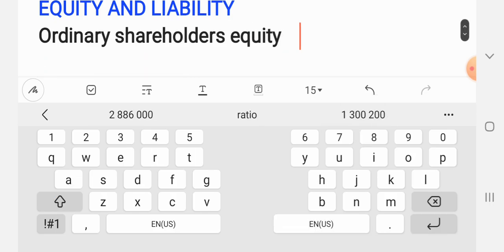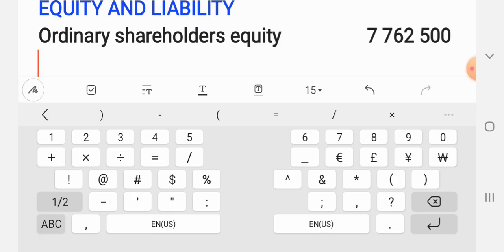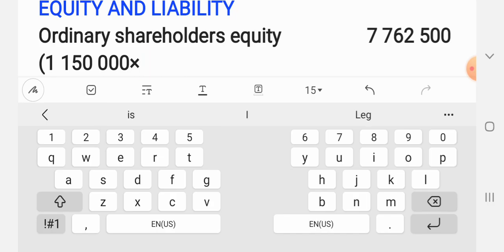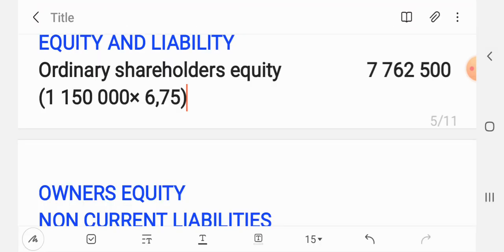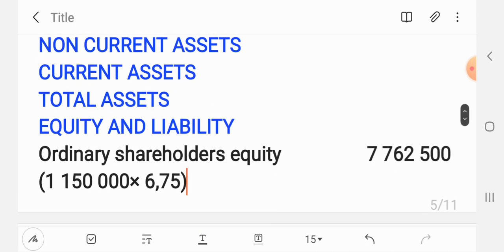So here we'll have 7,762,500, and the calculation is 1,150,000 times 6 rand 75. So you said 675 cents, so it's 6.75 rand. This is the ordinary shareholders equity.